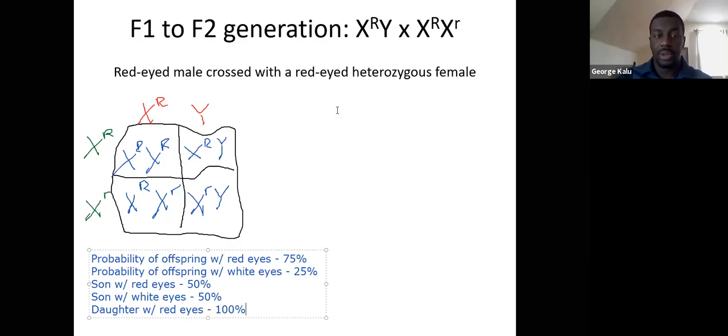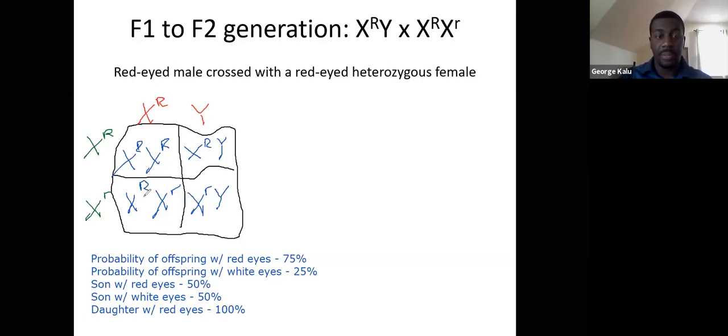Okay, so if we look at box number 1, box number 1 is going to have 2 copies of the dominant allele. So they're going to have all red eyes here. Box number 2 has just the dominant allele here, so that one's also going to have red eyes.